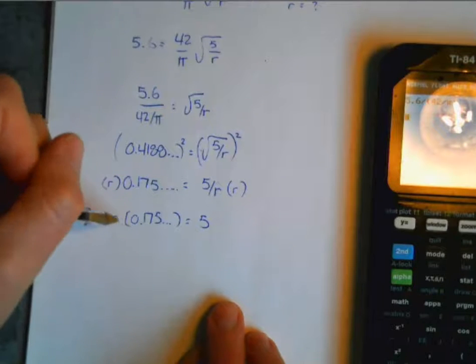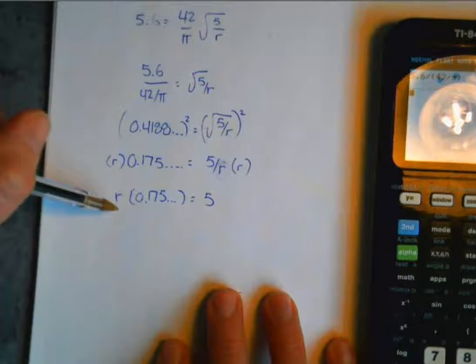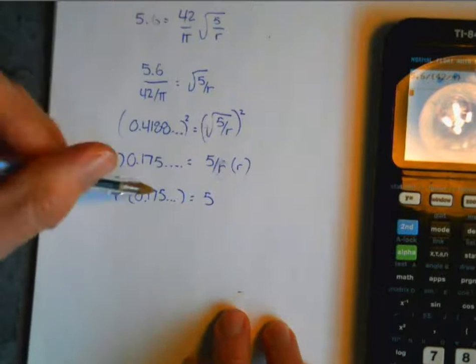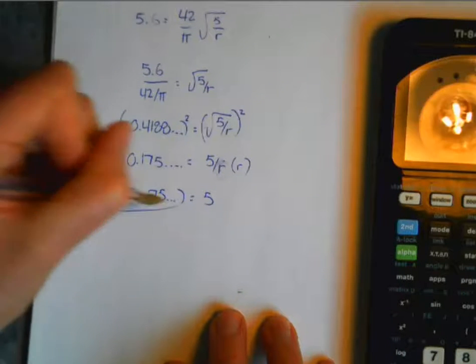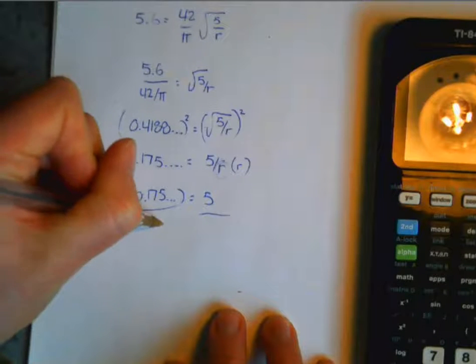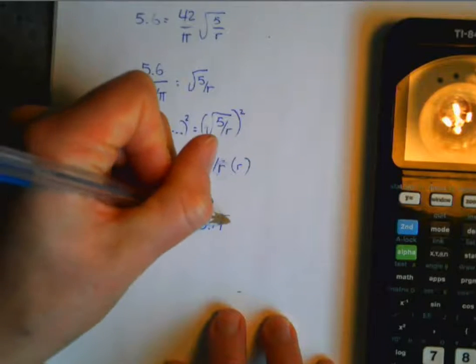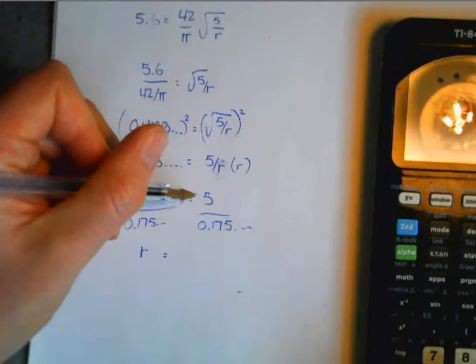Okay, and now we kind of end up with the same problem, which is what always happens when the unknown is your denominator, because now we still have another number attached. So we need to divide this 0.175 away from the r. So divide both sides by 0.175, and we're left with r being equal to 5 over 0.175.